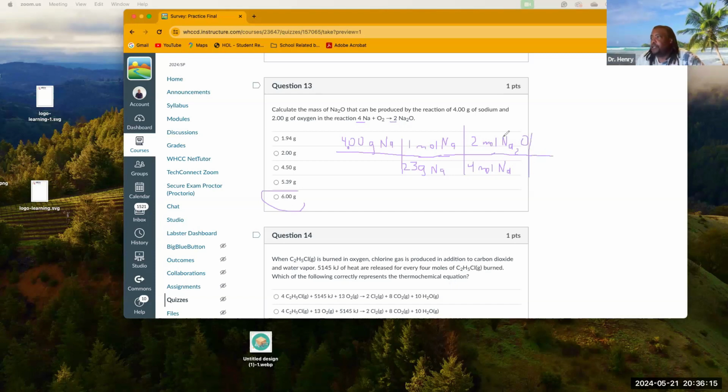And then sodium oxide, so it's 2 sodiums. So that's 23 times 2, just 26. And 1 oxygen, so 16. So I'm going to add those two together. So that's 42 grams per mole.